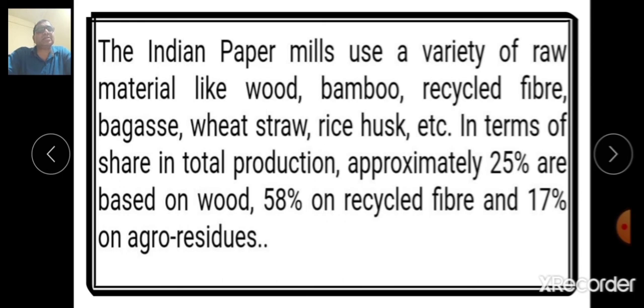rice husk, etc. Now in terms of share in total production of paper, approximately 25% are based on wood, 58% on recycled fiber, and 17% on agro residues.